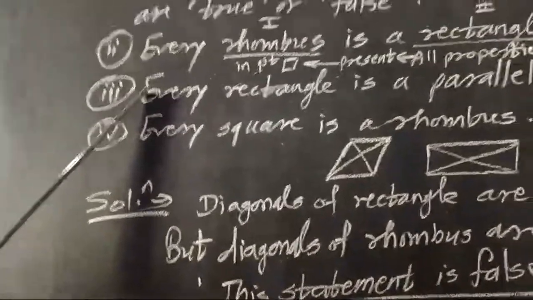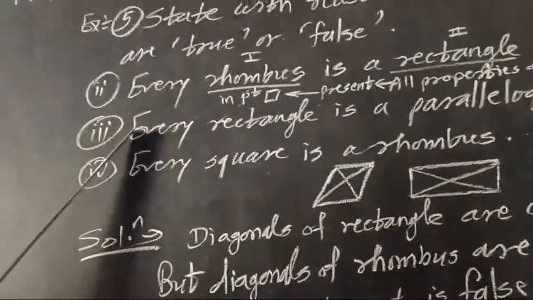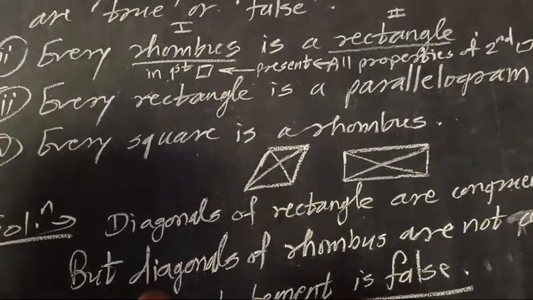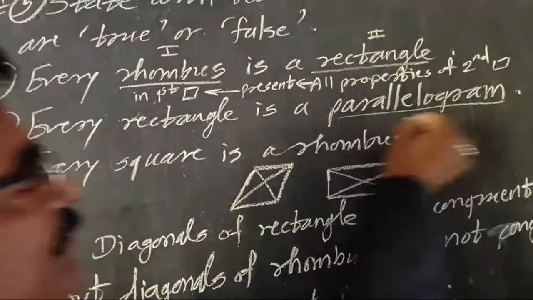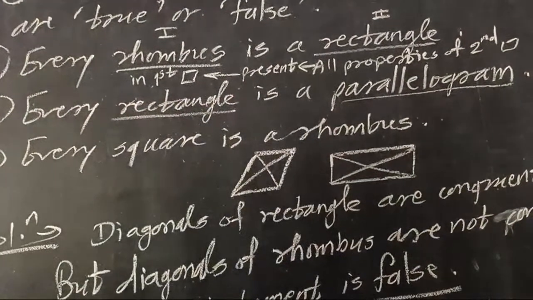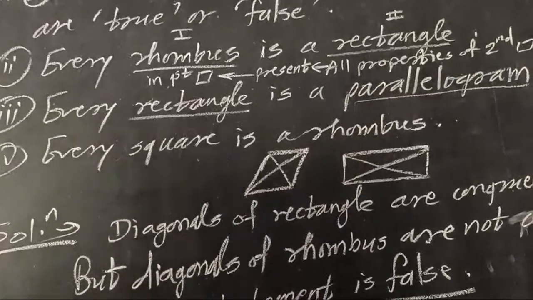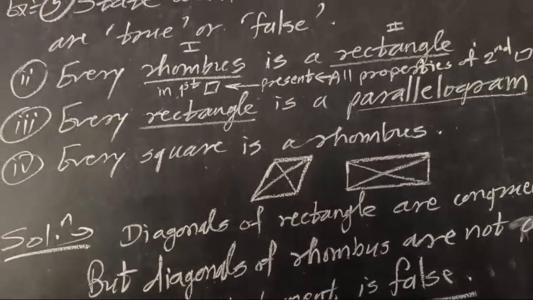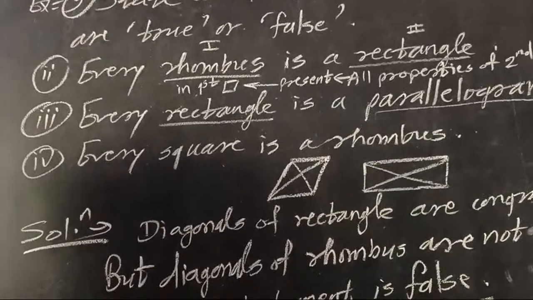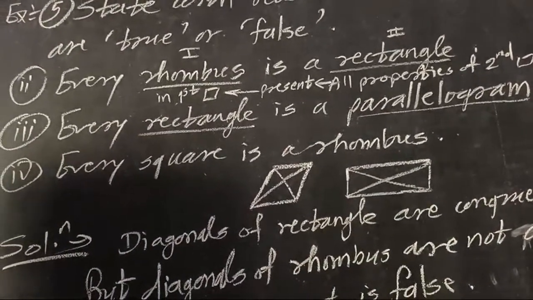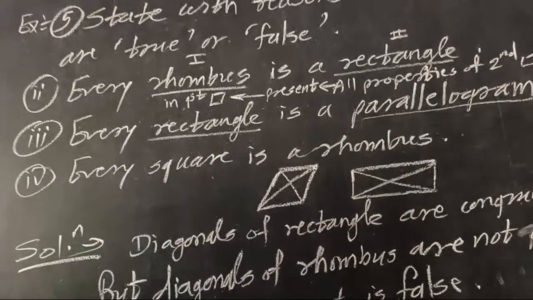Third example. Every rectangle is a parallelogram. All properties of parallelogram must be satisfied by rectangle. We check here. First property of parallelogram. Opposite sides of a parallelogram are congruent. Good.